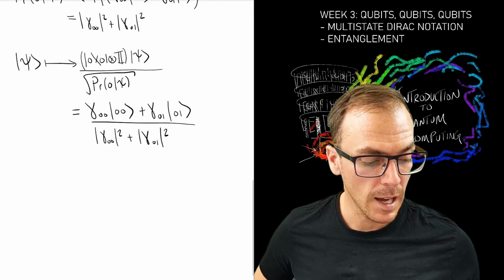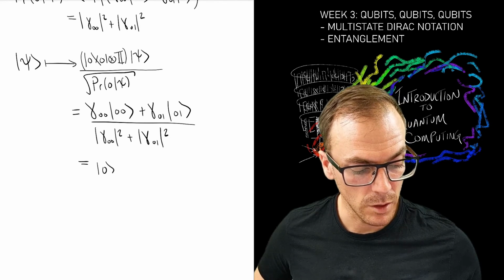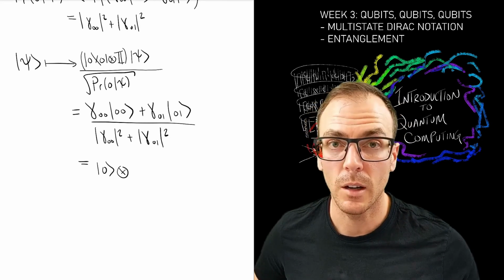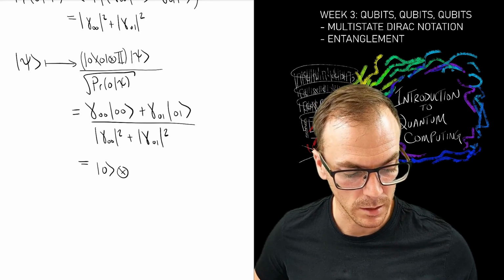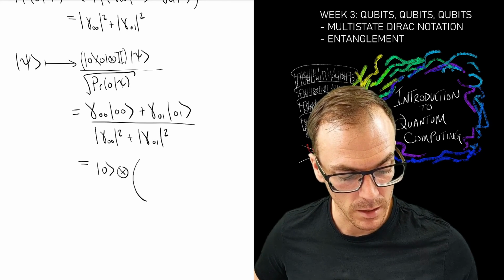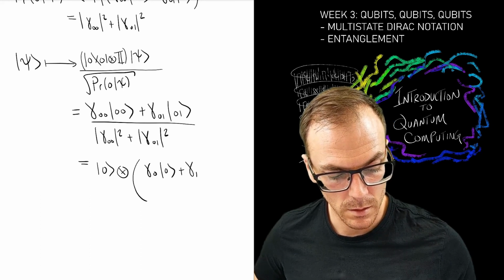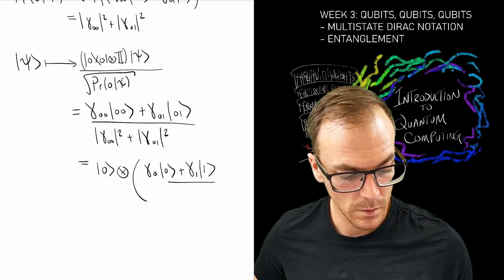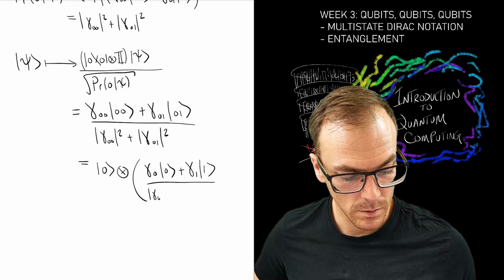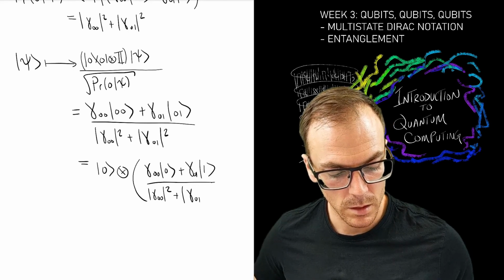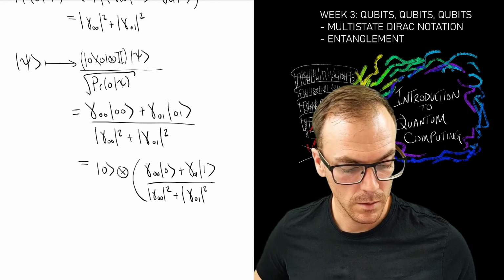And that you can also view as, by factoring out this |0⟩ in the tensor product, you can also view it as |0⟩ tensor gamma 00 |0⟩ plus gamma 01 |1⟩ over the square root of |gamma 00|² plus |gamma 01|².